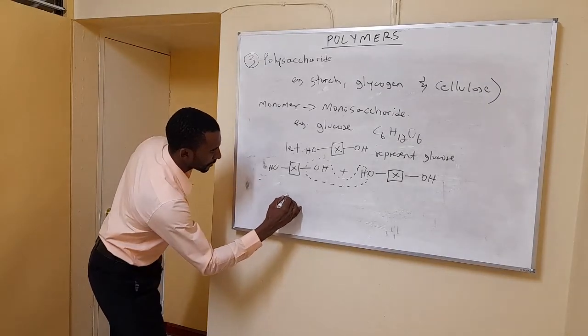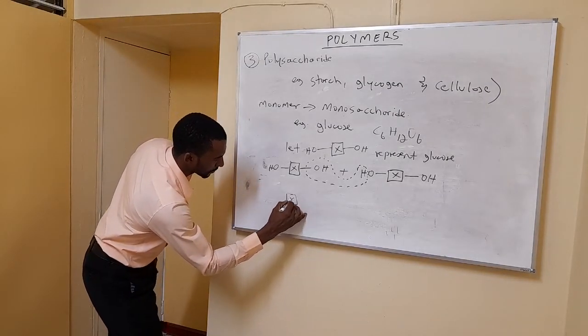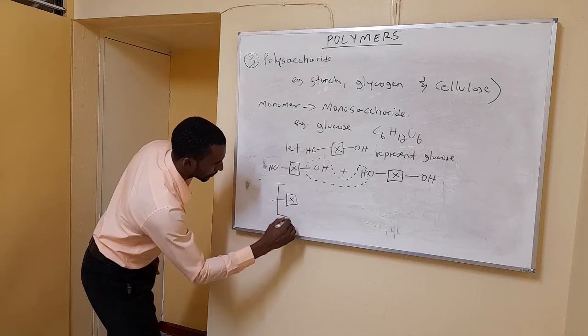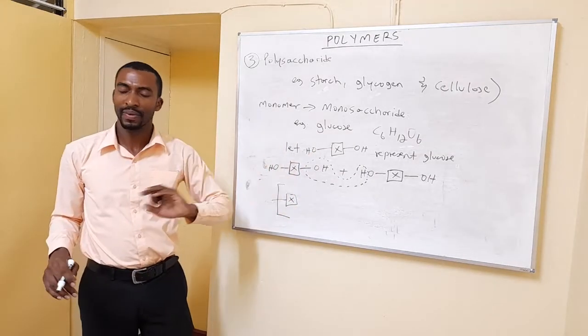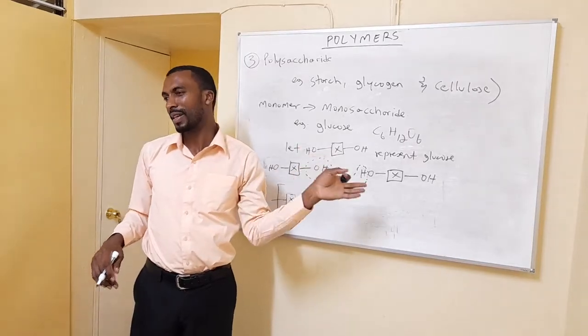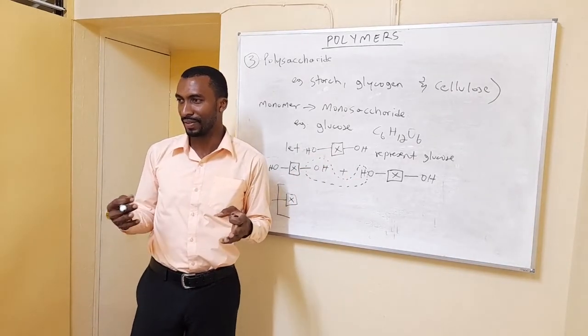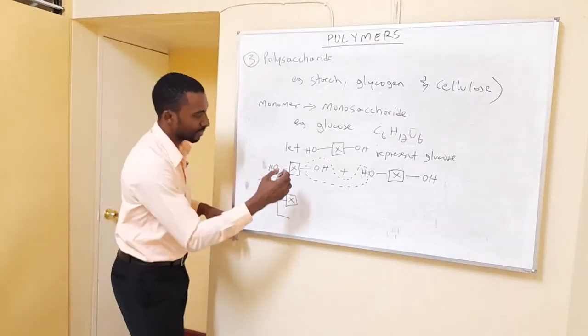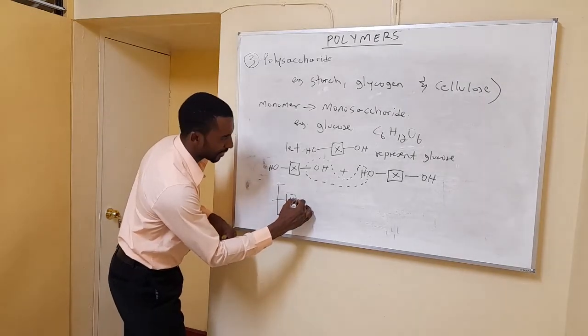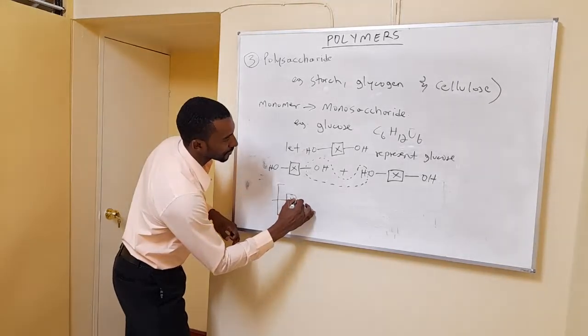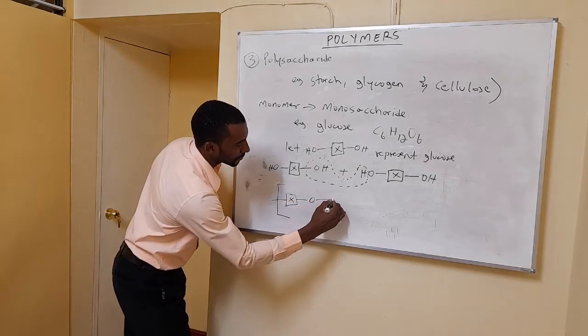And again, if two alcohols are reacting, one alcohol will lose OH, the other will lose hydrogen. So there's nothing fixed. But whatever the case may be, with alcohol, water will be a byproduct because it's a condensation.